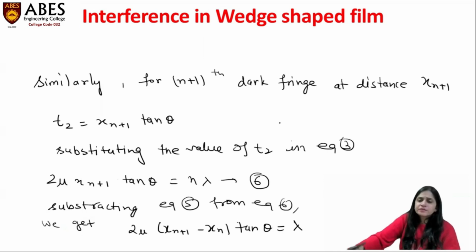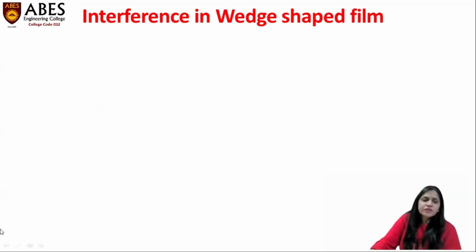So from here, we get the value of xn plus 1 minus xn.